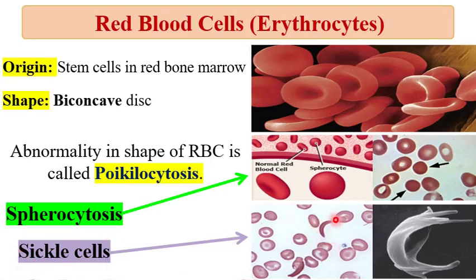The RBCs take the shape of a sickle, which is the disease sickle cell anemia. So this is the normal biconcave, and the other two are called poikilocytosis if there is abnormality: spherocytosis, spherical in shape, or sickle cell, like that.